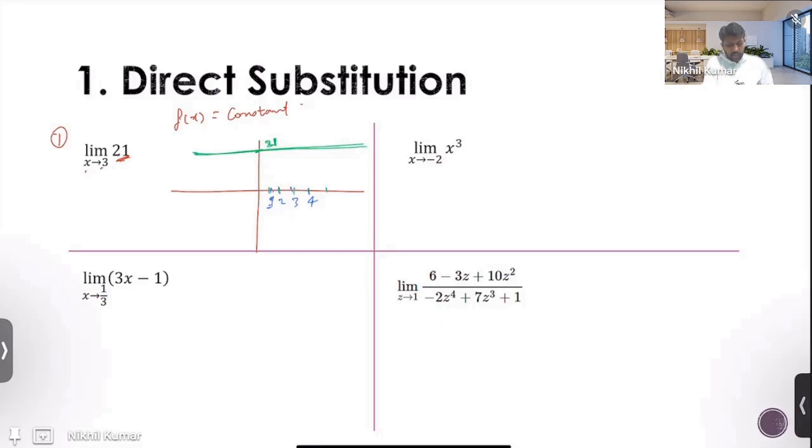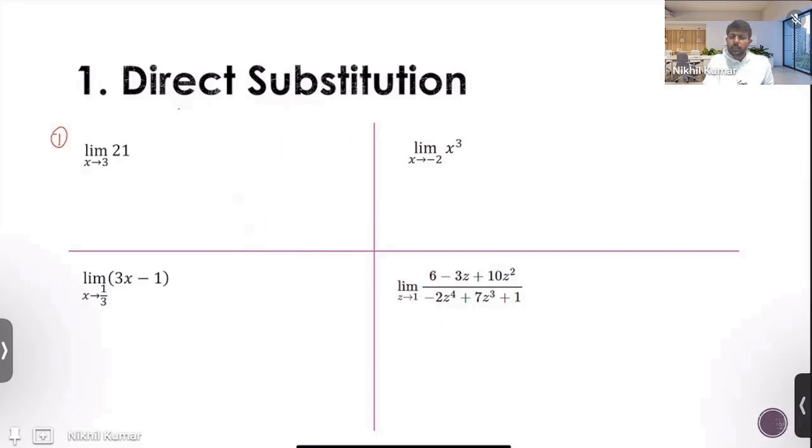With that understanding, can you tell me what will be the limit of 21 when x tends to 3? Whatever value x approaches, doesn't matter, the value is always going to stay equal to 21. That's your answer. So the limit in this case is very simple. We don't have to even substitute. It's 21.